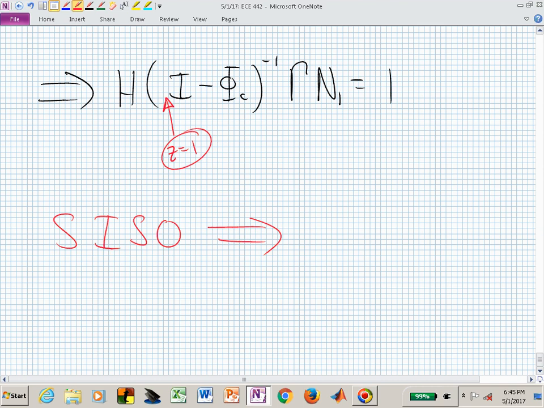That's what that stands for. So gamma is one column wide, H is one row tall. So H I minus phi sub c inverse gamma is just a scalar.